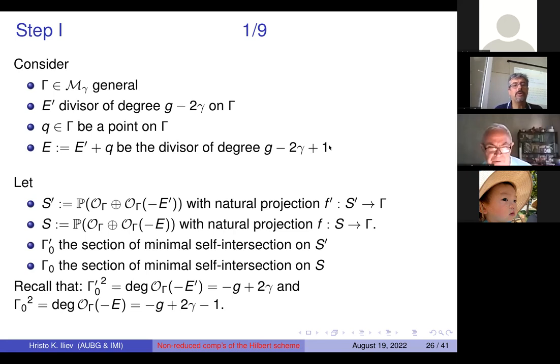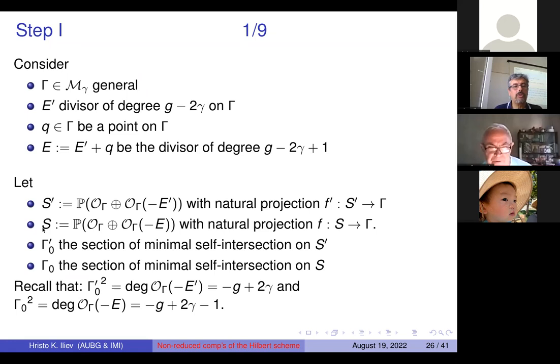Then let's consider the following ruled surfaces. S prime, which is the projectivization of this rank 2 vector bundle: the structure sheaf plus the structure sheaf twisted with minus E prime. That will be S prime.